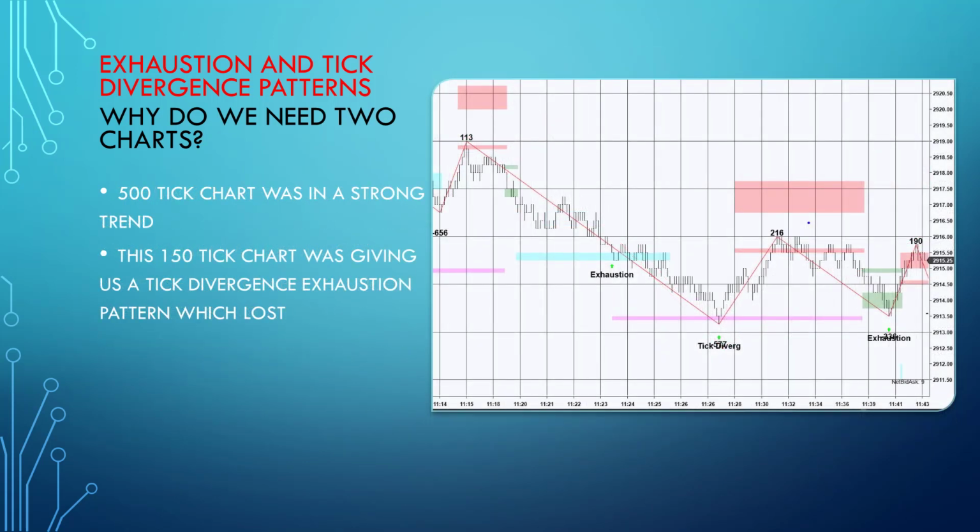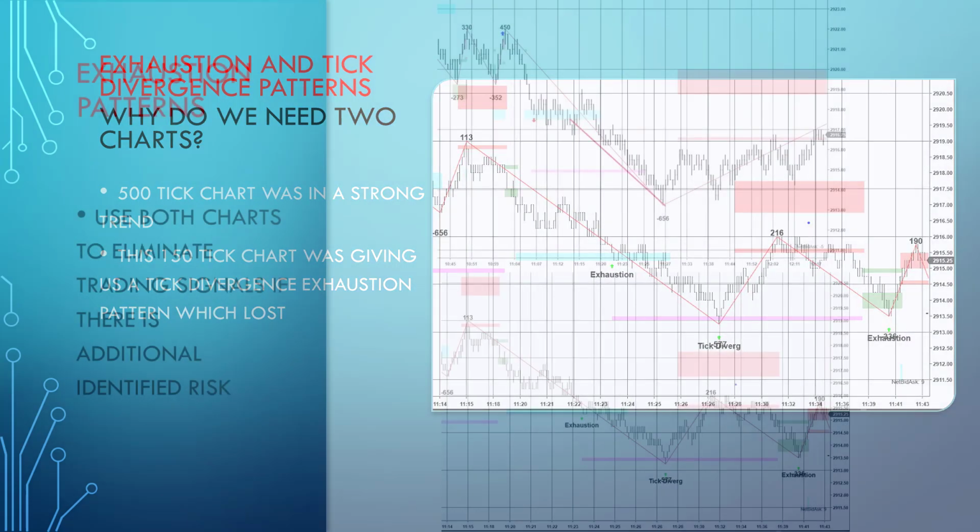When we look at the 150 tick chart of the same trade, we see that the 150 tick chart was giving us a tick divergent exhaustion pattern, and that pattern eventually failed with the market trading down to strong trend support. So this would have been a disqualifier for this trade because of what the 500 tick chart was telling us.